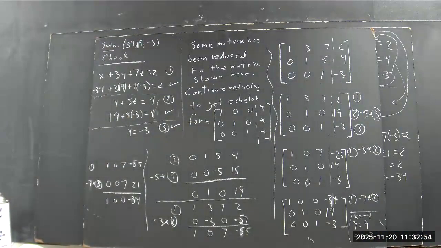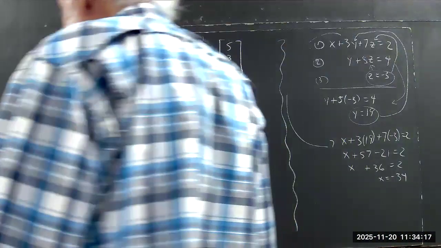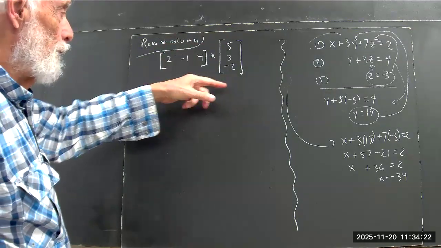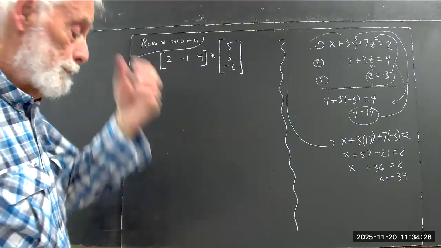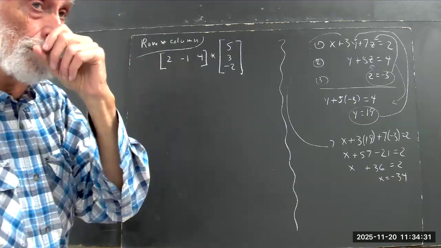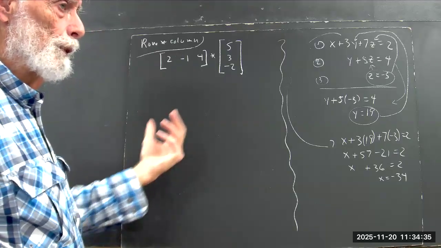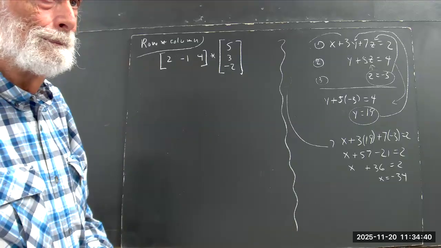Okay, well, let's do the last thing about matrices. Here we have a row, here we have a column. This might be a row of a matrix, this might be a column of a matrix. We can multiply row times column. We can also multiply column times row. The column's first and the row is second, but that gives us something much more complicated.